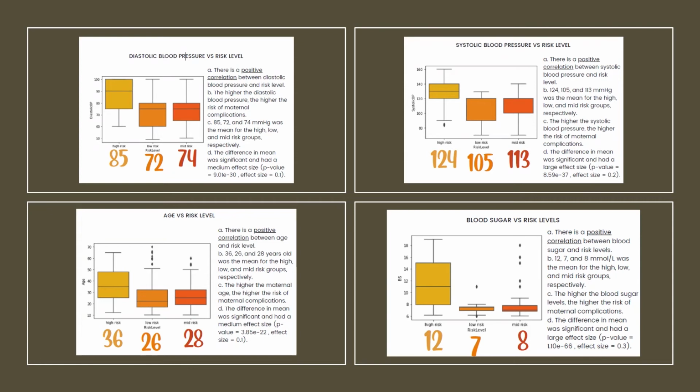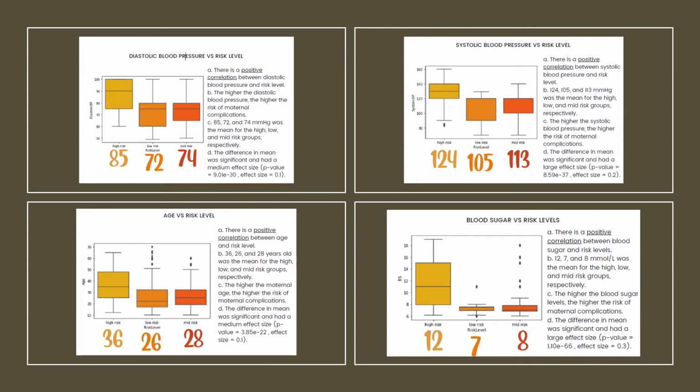And for the mean, we have 85, 72, and 74 millimeters of mercury for the high, low, and mid-risk groups. And the difference in the mean was significant, and there was a medium effect size.